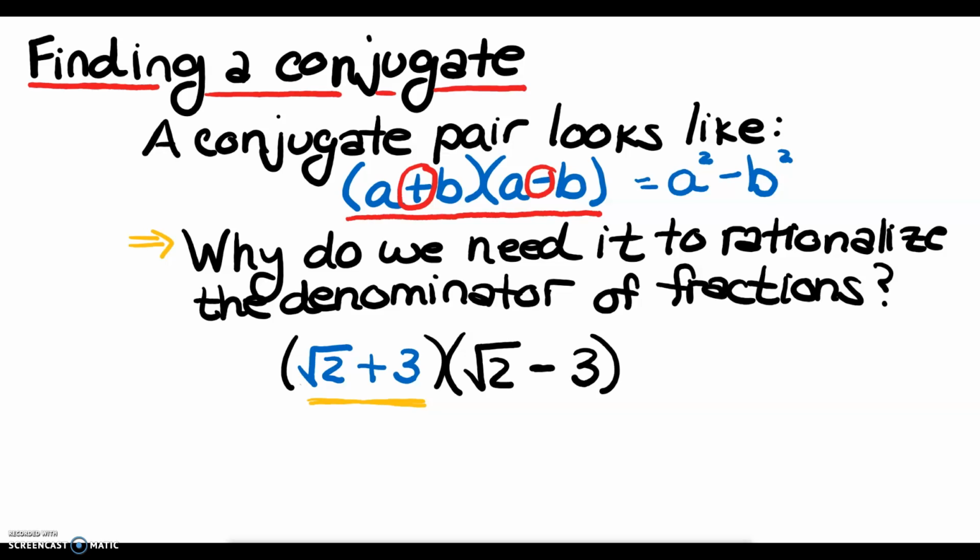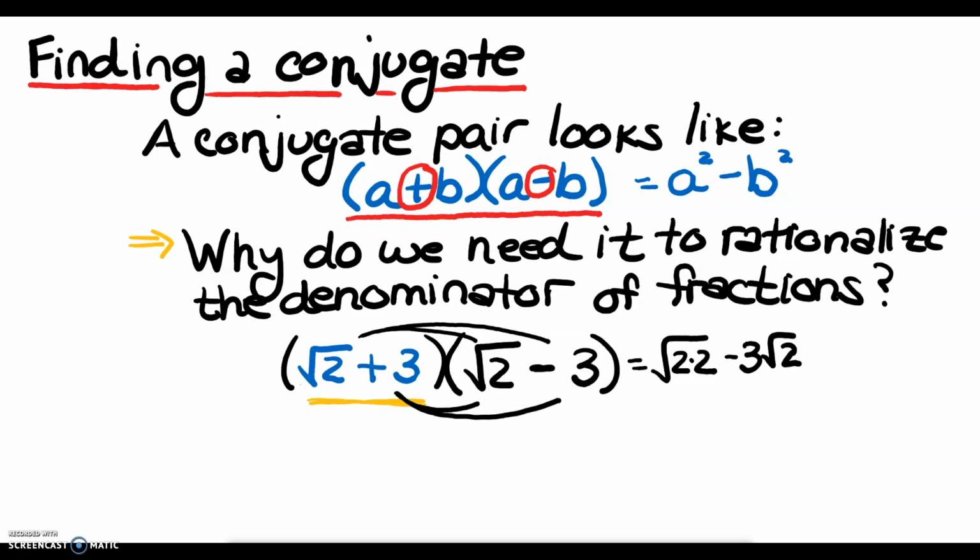So now when I distribute radical 2 across both of these two terms, I get the square root of 2 times 2 minus 3 square root of 2. And when I distribute this last term across both of these, I get 3 radical 2 minus 9.